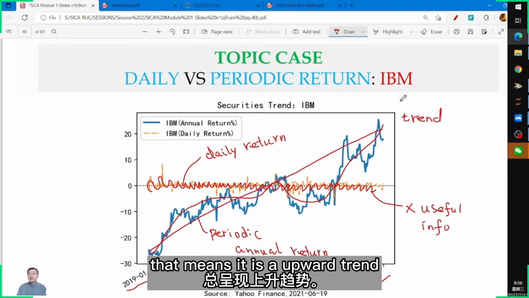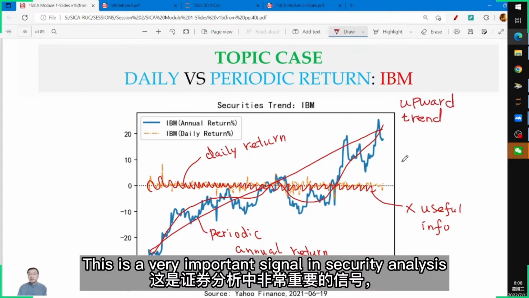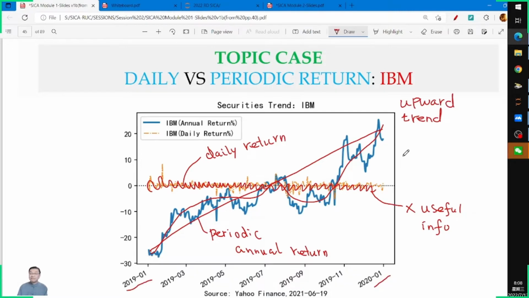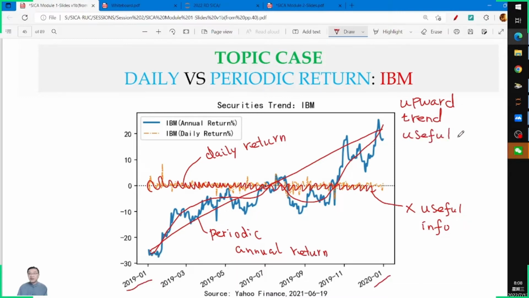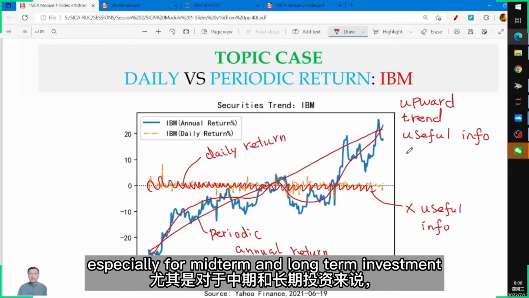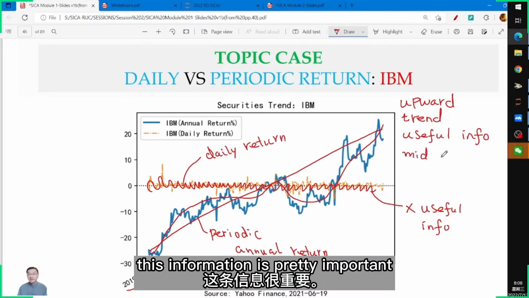That means it is an upward trend. This is a very important signal in security analysis, and it is very useful information. Especially for mid-term and long-term investment, this information is pretty important.